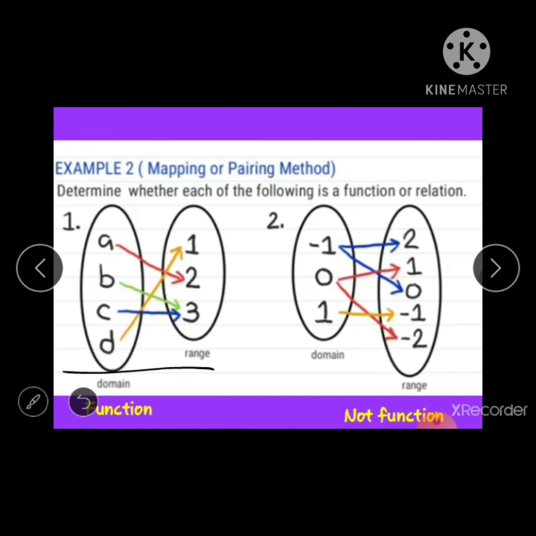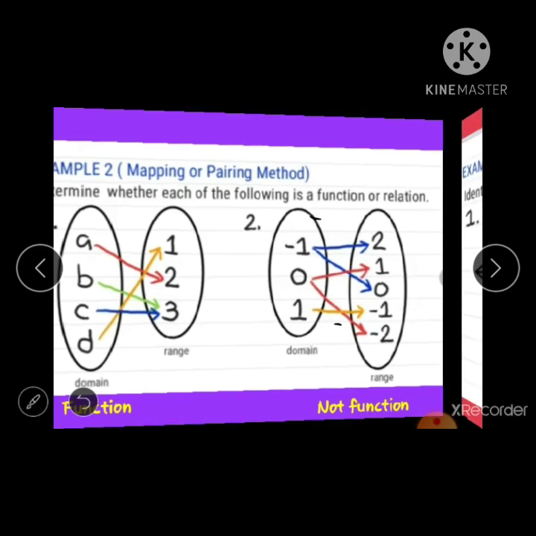Next, example number 3, using the vertical line test. This is the easiest way to determine if a graph is a function or not a function. We were asked to identify which given graphs represent a function. In example 1, this is a parabola opening upwards.